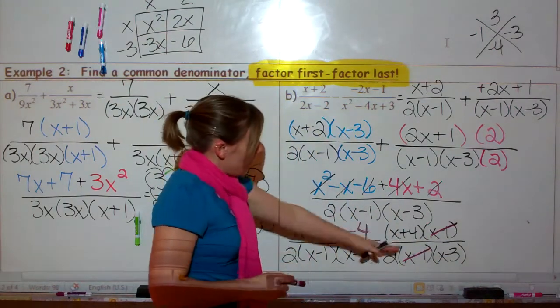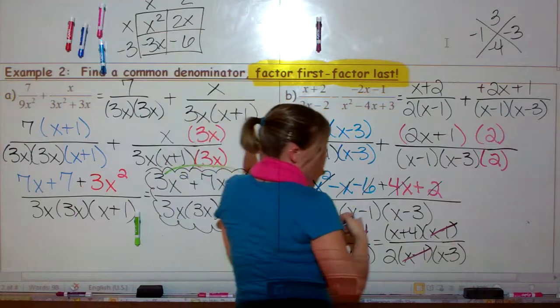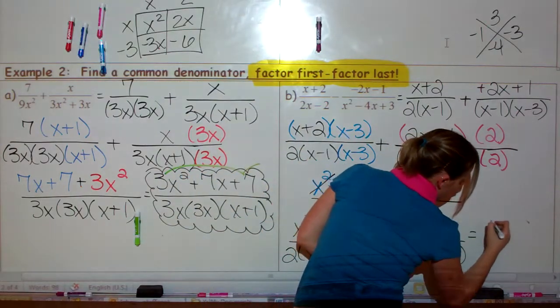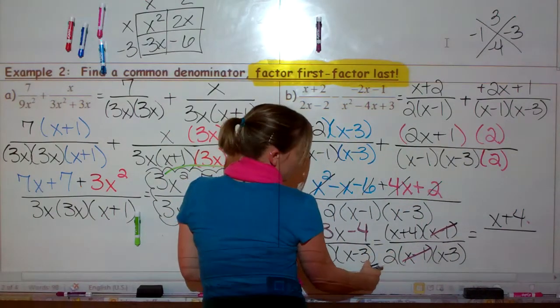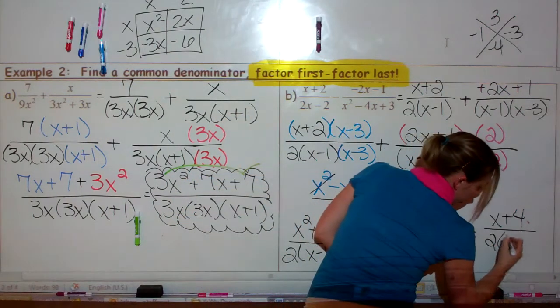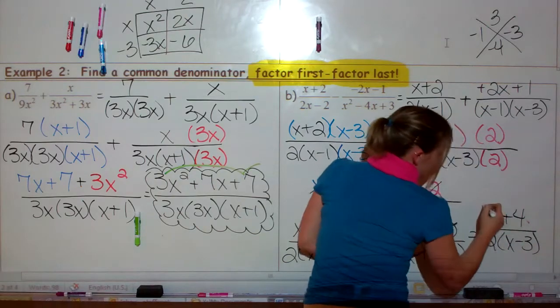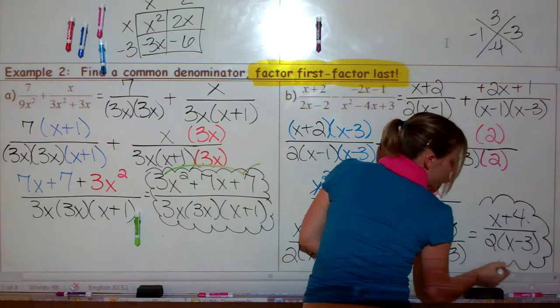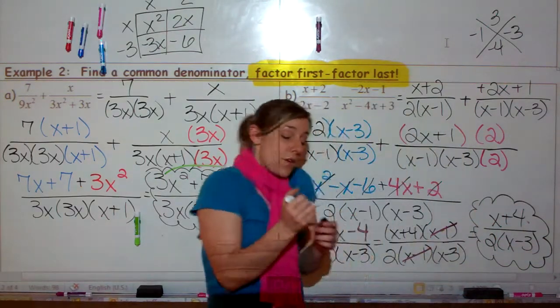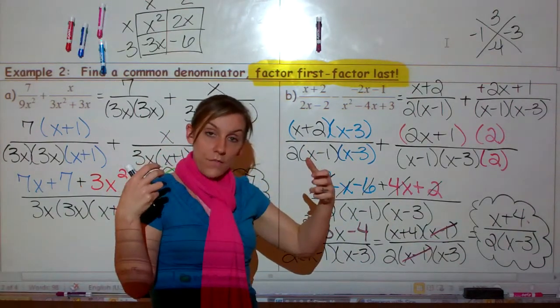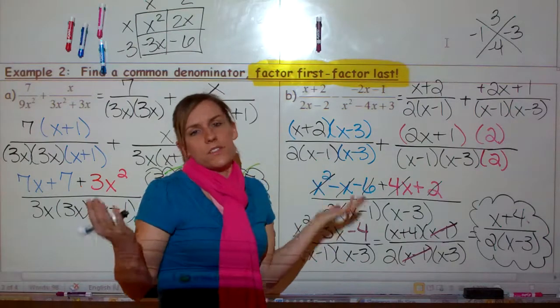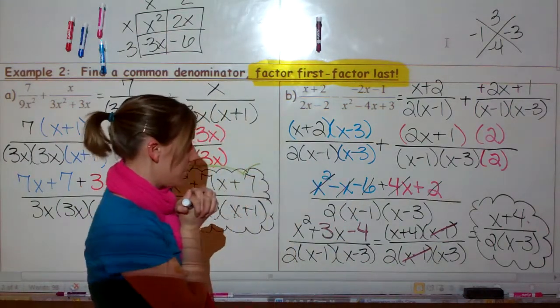So now we just have our numerator, which is x plus 4, and our denominator, which is 2 times x minus 3. And if you would like to distribute that, you can. But you don't have to. Since we're factoring, we're actually trying to break things apart into factors so we can reduce, so you don't have to put it back together at the end.